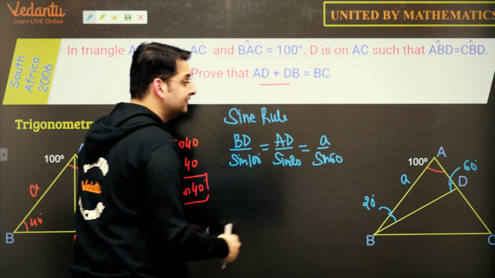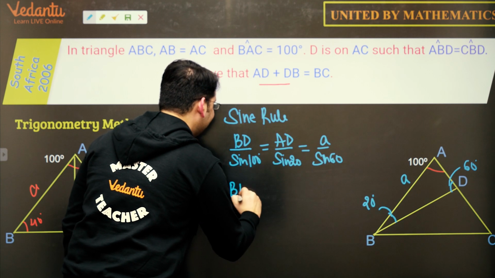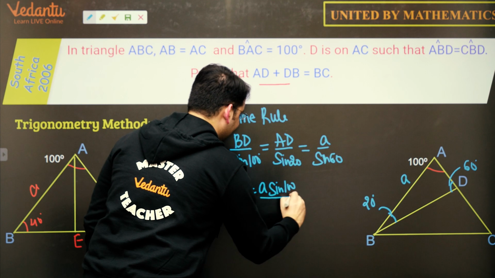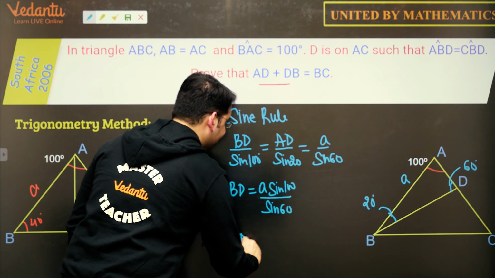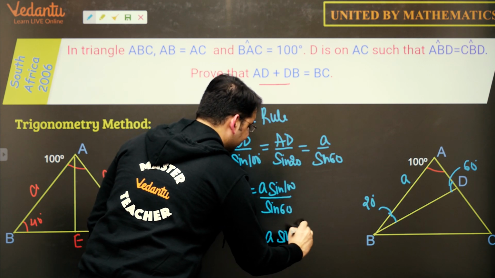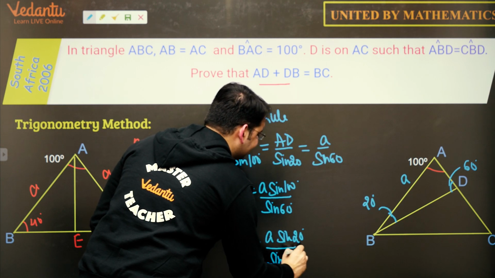And this relation gives the value of BD and AD in terms of A. BD would be A sine 100 upon sine 60, and likewise AD would be A sine 20 degrees upon sine 60. And let us add them up.